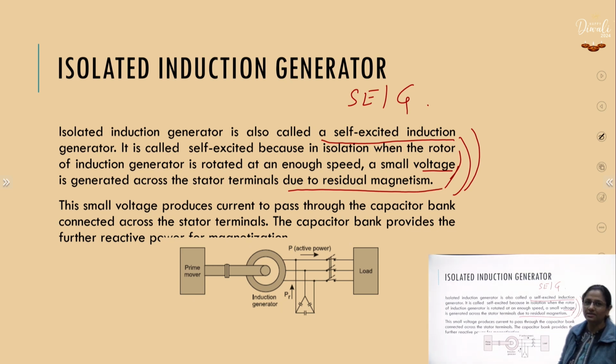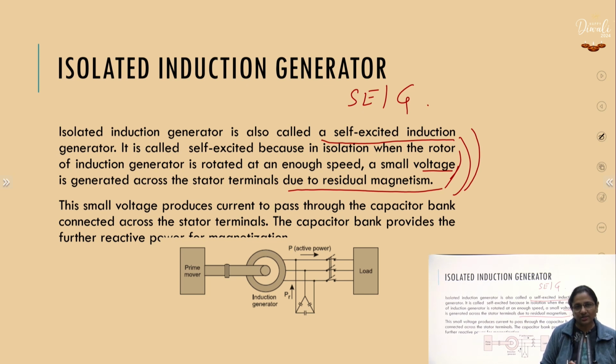The operation starts with voltage build-up in the generator because of the residual magnetism. The machine is now operated in isolated mode, and the isolated mode means it is not connected to the existing supply system or to the grid.